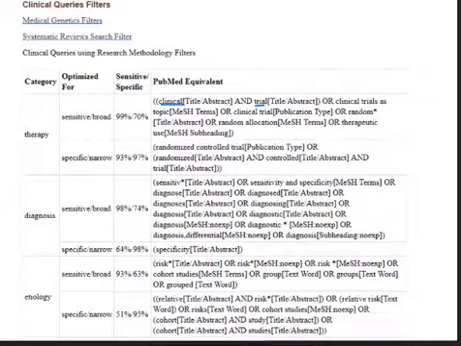And then they've said it could also be clinical trials as topic, which is a subject heading in Medline, or clinical trial as a publication type, or anything that has random* in the title or abstract. And can you tell me what the asterisk is doing there at the end of the word random? What is the asterisk doing there?